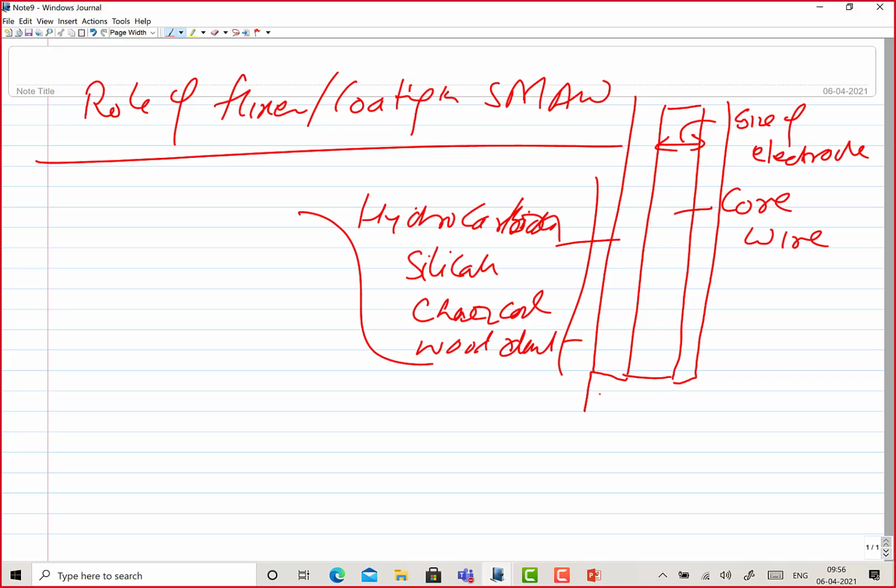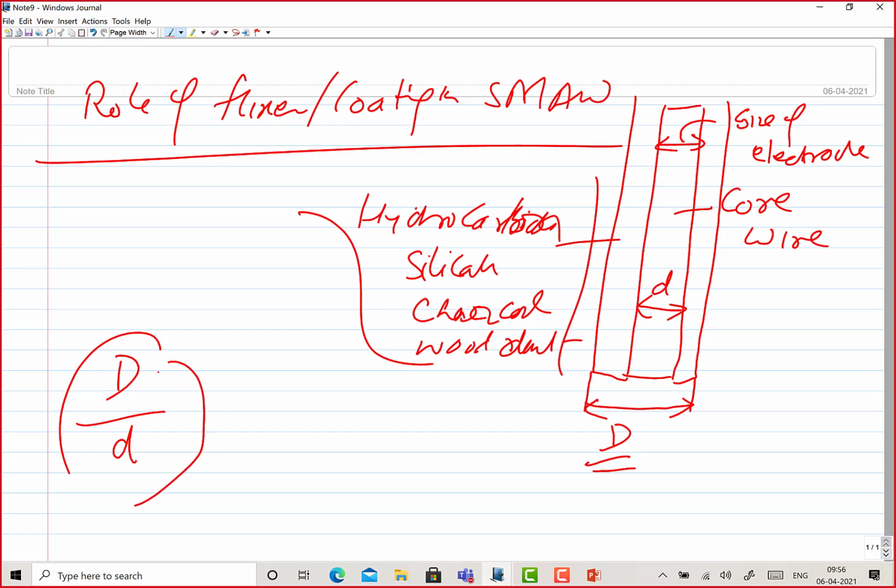Let's say including the coating, the diameter of the electrode is designated as capital D, and the diameter of just the core wire is designated as small d. The capital D divided by small d gives the coating factor. Coating factor means how thick the coating is applied over the core wire.